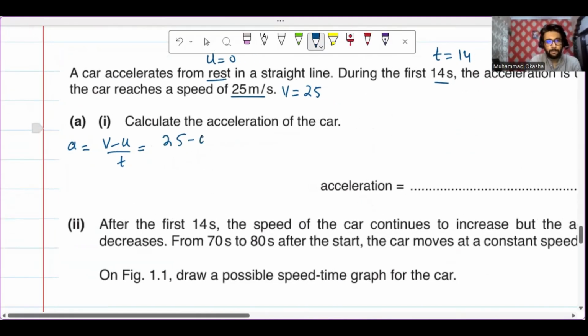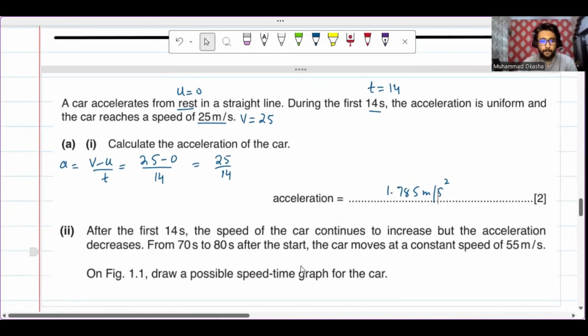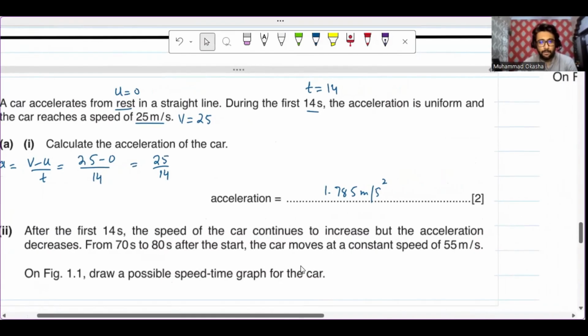So 25 minus 0 divided by the time it took, 14. So 25 divided by 14, you will get something like 1.785 meters per second squared, because this is acceleration.